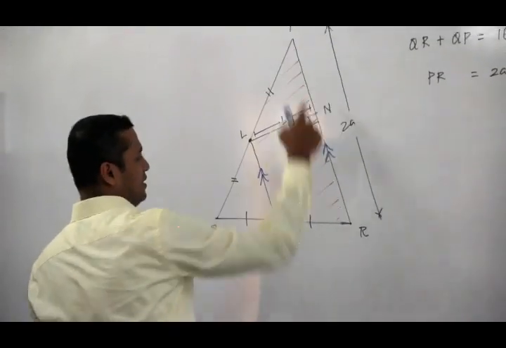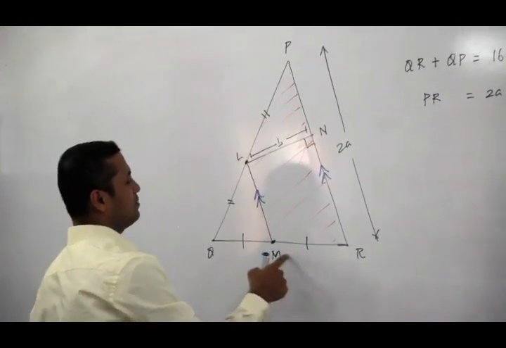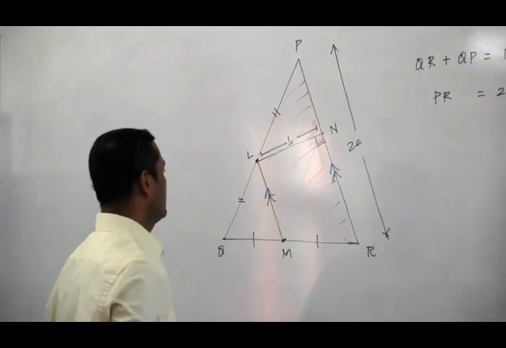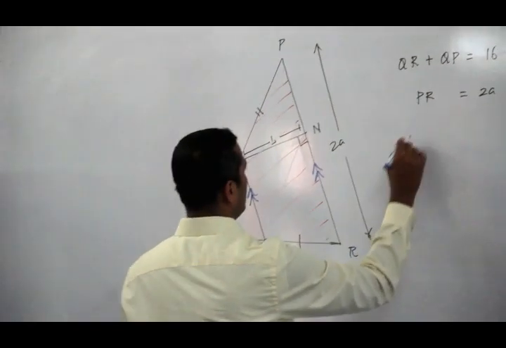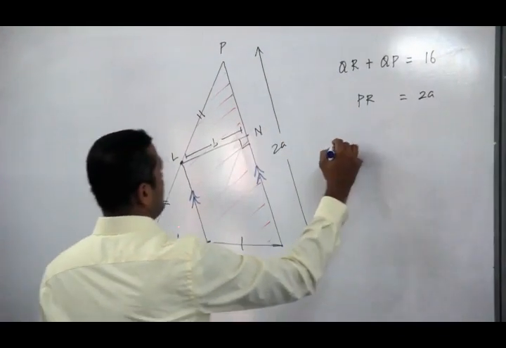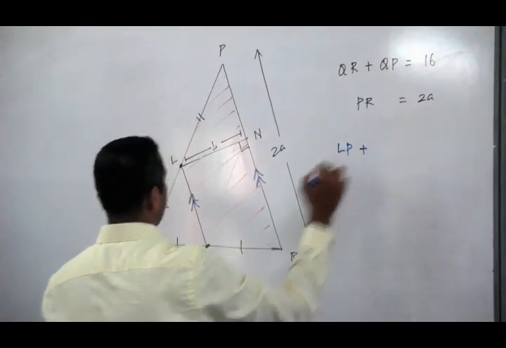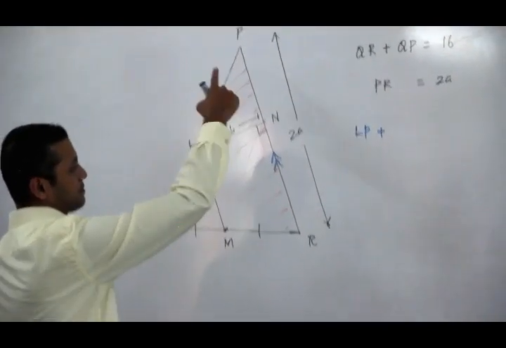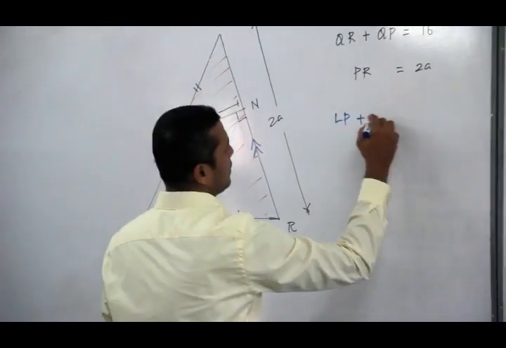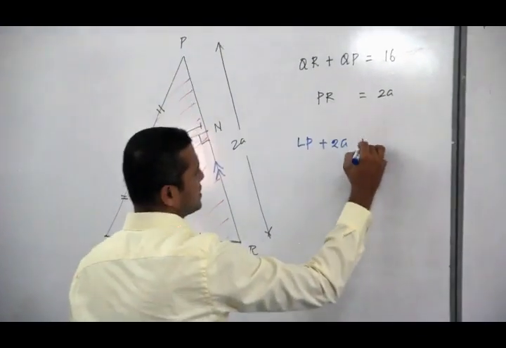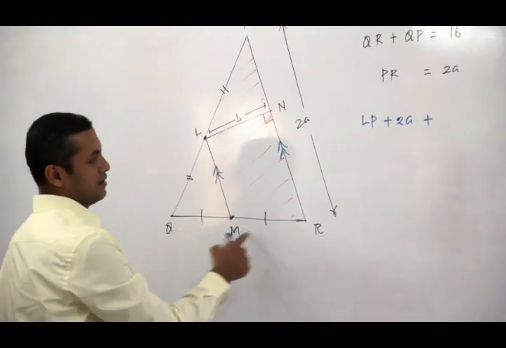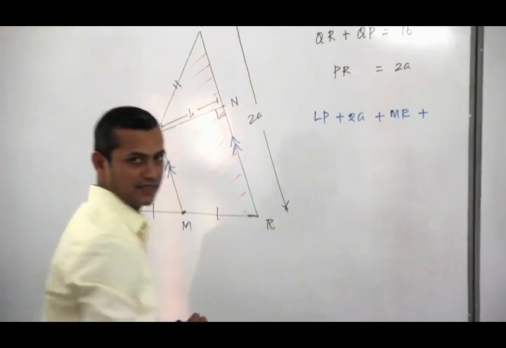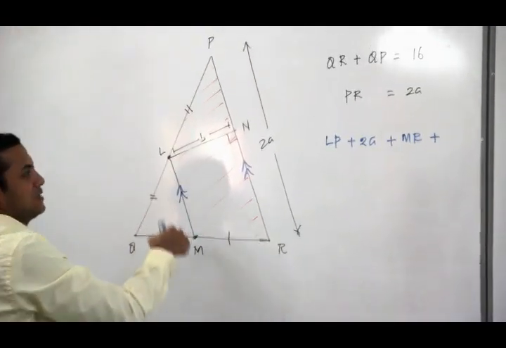LP plus PR plus MR plus LM. Is it clear? Right. LP plus PR. How much is PR? It is 2A, plus MR, plus this will be how much?